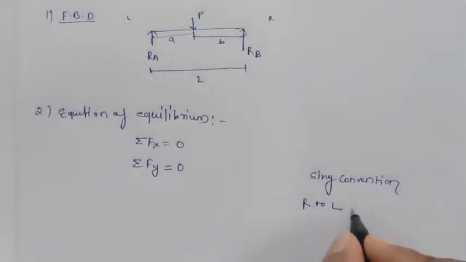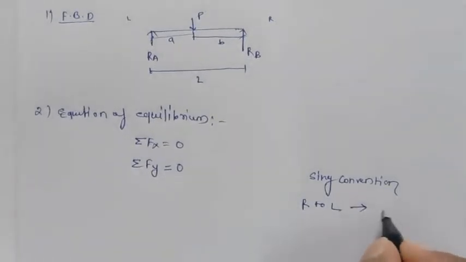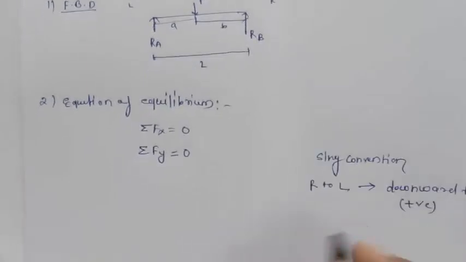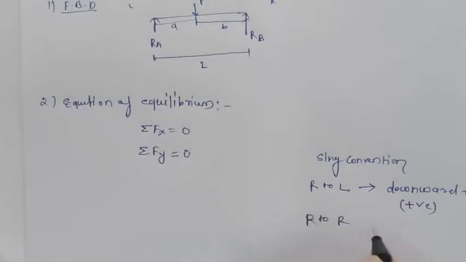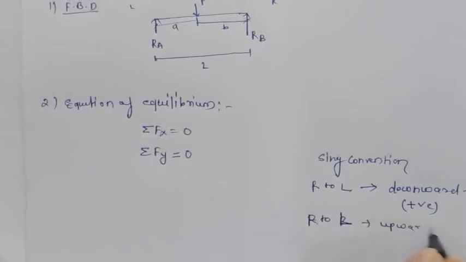If I take right to left, downward force is considered positive, and upward force is considered negative. This is our sign convention.